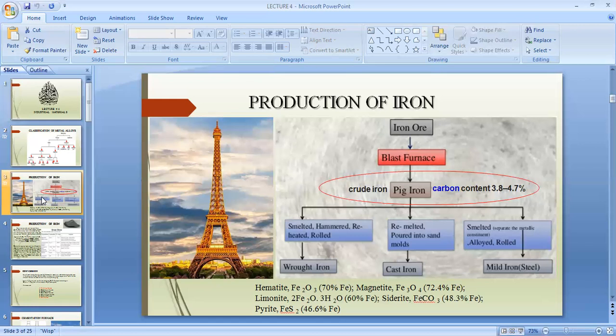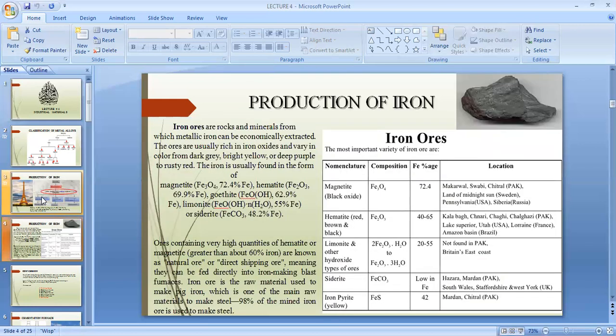Then we have limonite, which is a hydrated iron oxide containing 60% iron. Then siderite is iron carbonate, and iron sulfide is in the form of pyrite. So just go on with this because there is not much to understand. You can just read it and memorize it.